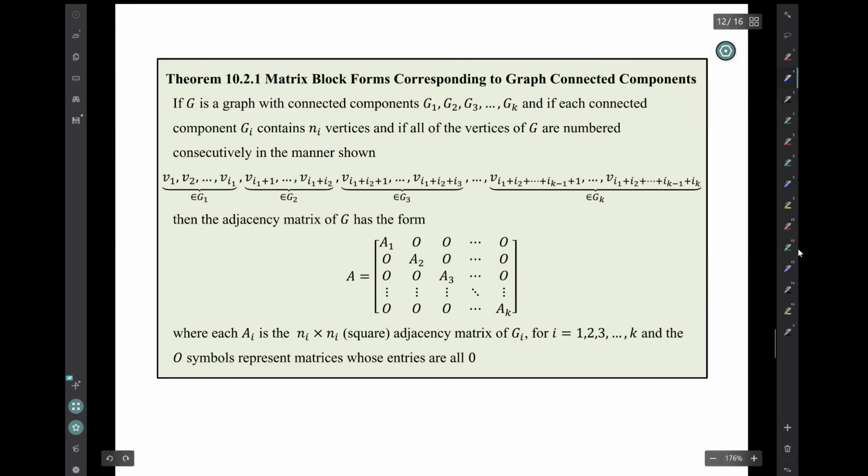Well, that is the gist of this theorem about the matrix block forms corresponding to graph connected components.